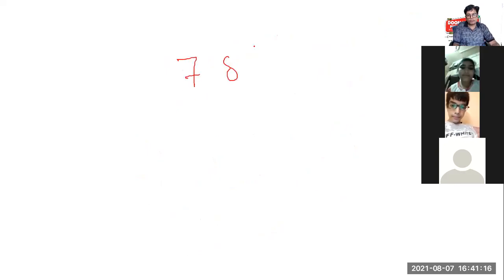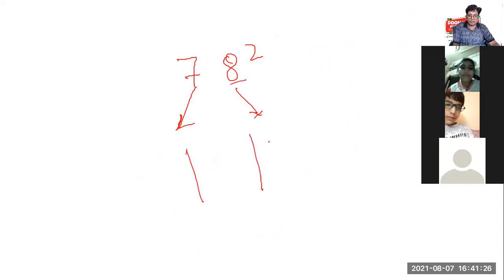78 square. This will be in 3 parts. 8 square is 64. 6 will be here. 7 into 8 into 2.